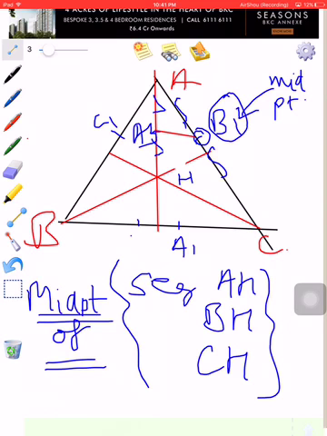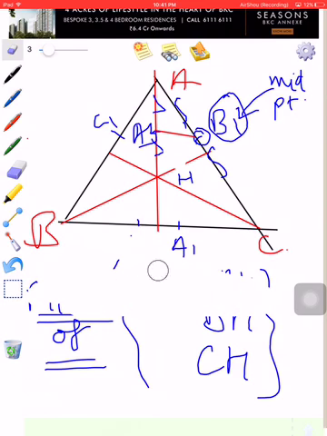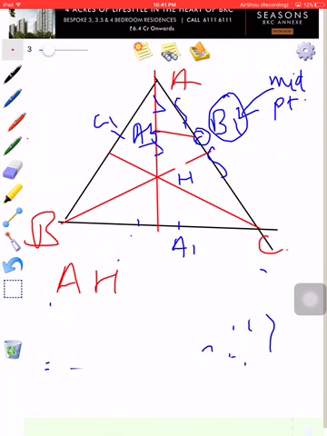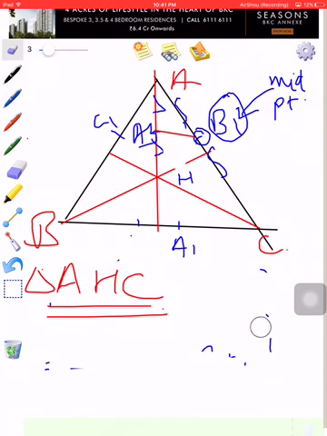What I get comes from the most famous theorem, the midpoint theorem. Observe triangle AHC. This triangle will form a major part.